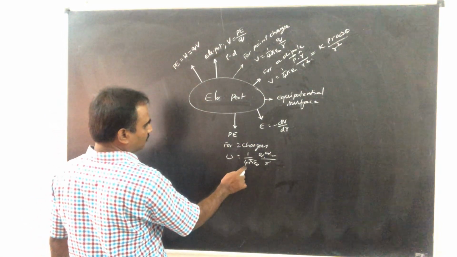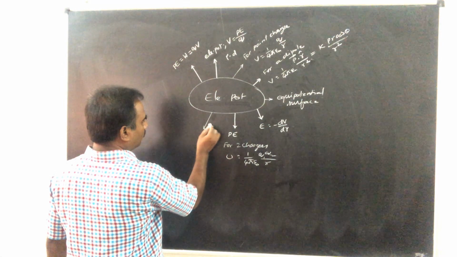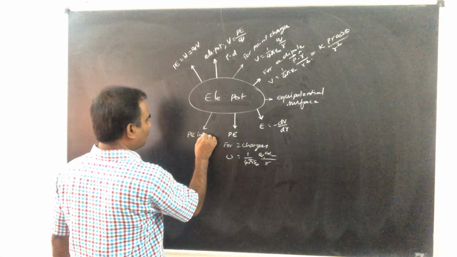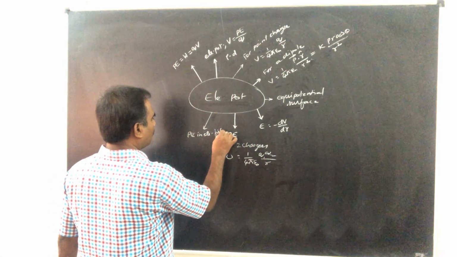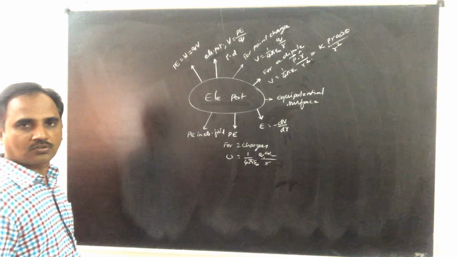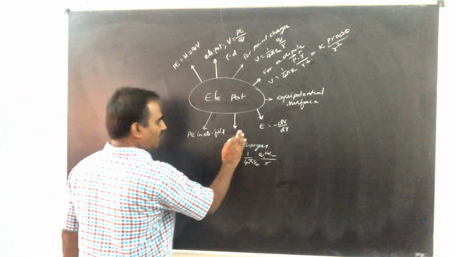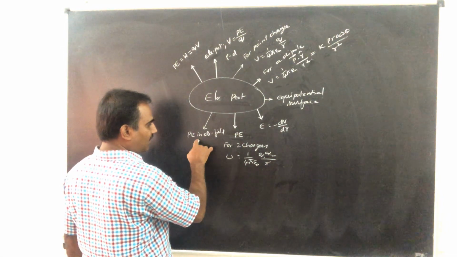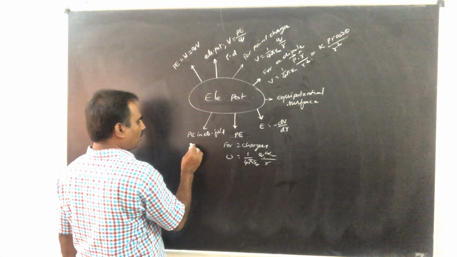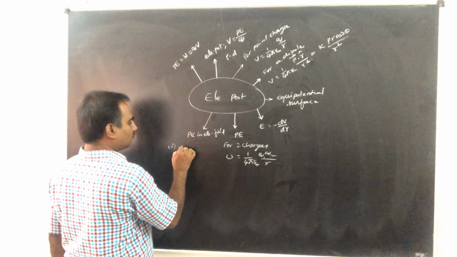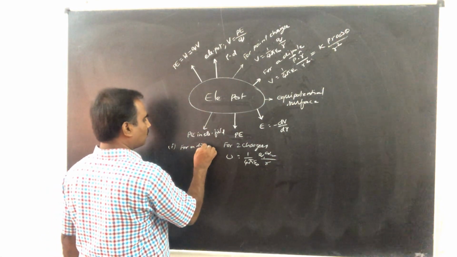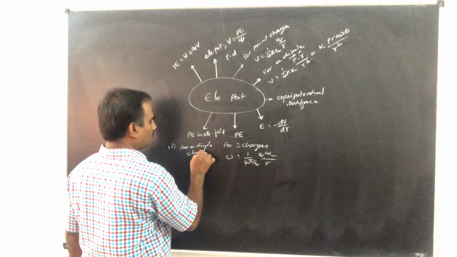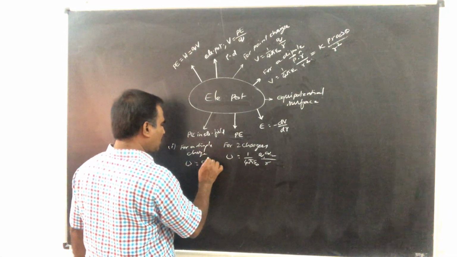After this, you studied about potential energy in electric field. This is potential energy in the absence of electric field. This is potential energy in electric field. For a single charge, this U is equal to QV.